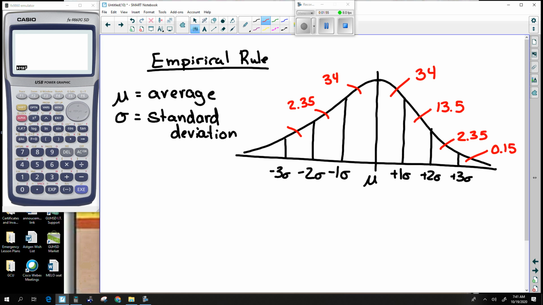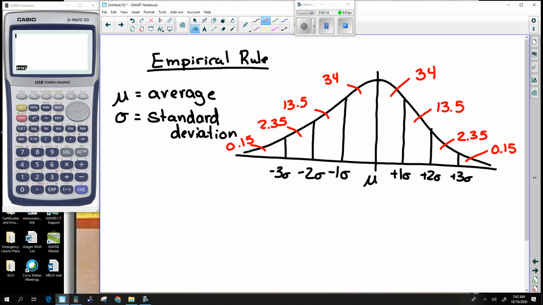Oops, sorry, missed one there. And there it is. That's the empirical rule. Those are the numbers that you have to have written down.